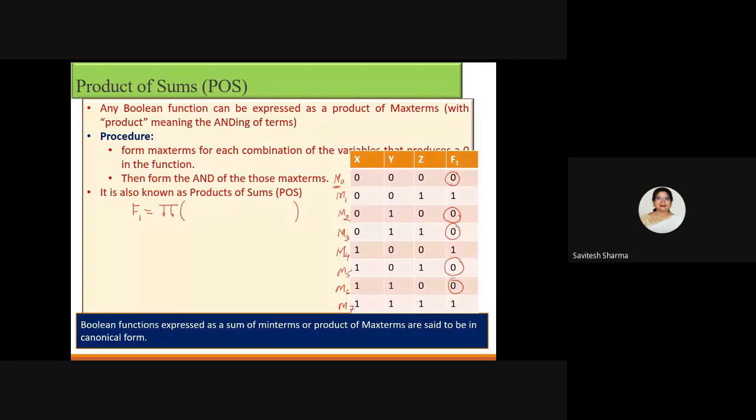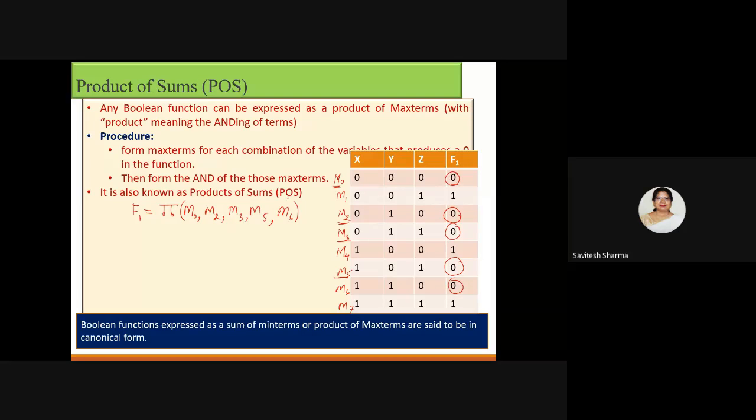M0 is producing 0, so I list it here. That combination is producing 0, so I list it here. That one also, so I list it. Then I write M5 here, and then M6. So this is the list of max terms.